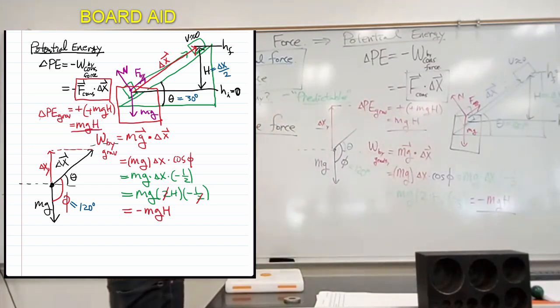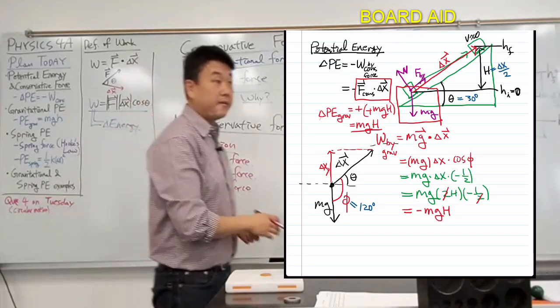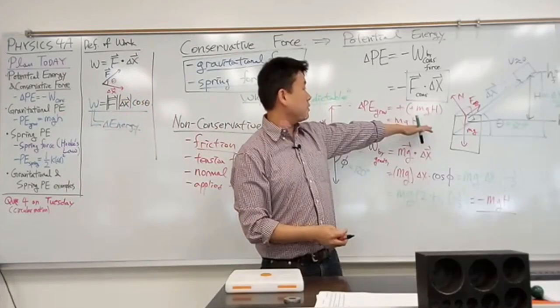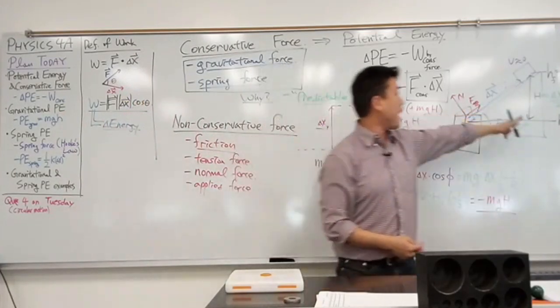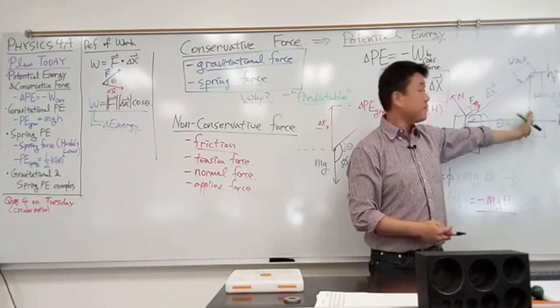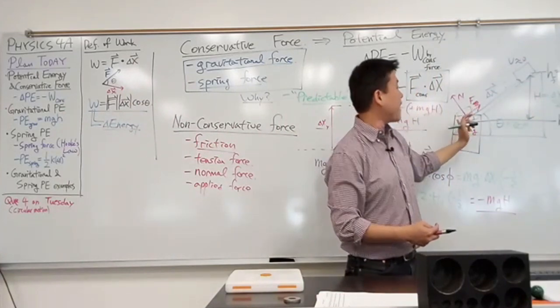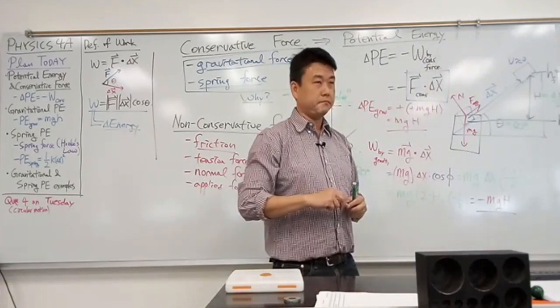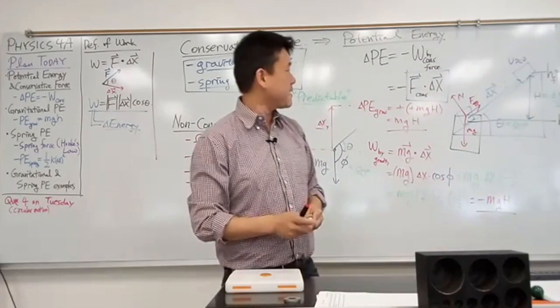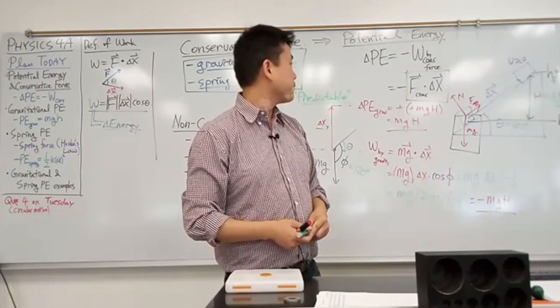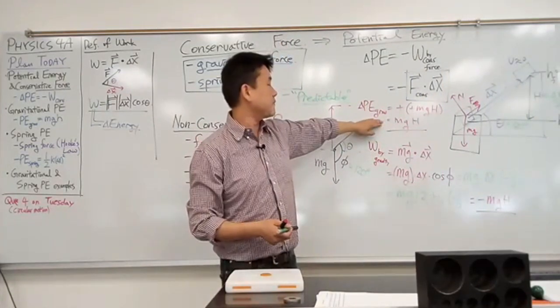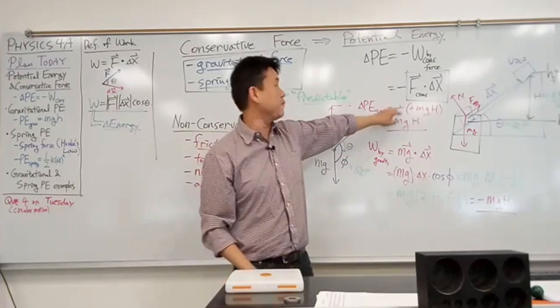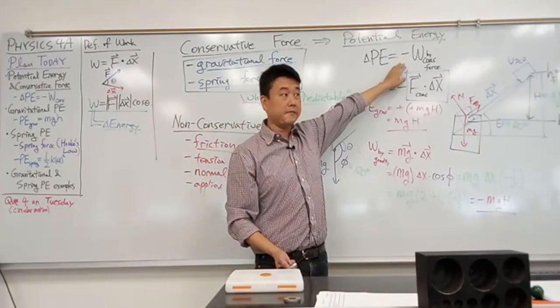That was the formula you were using last time. That's why you care about the change in height alone, not the entire distance that you travel over the ramp. Does this example make sense as the potential energy that gets stored as a result of the negative work being done by gravity?